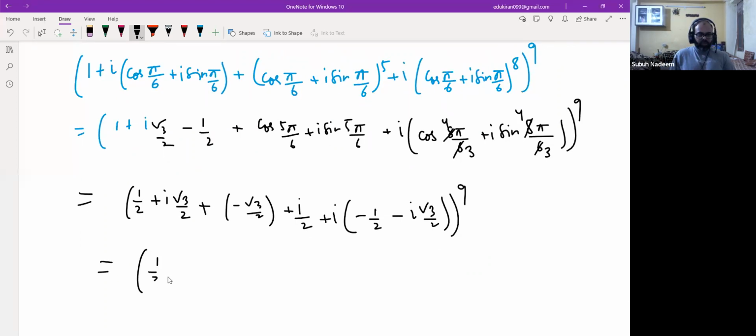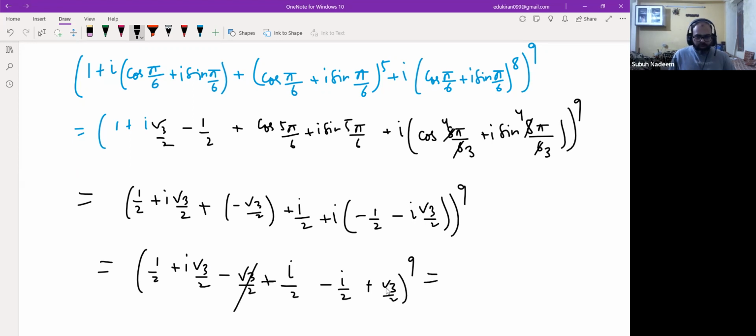It will be 1 by 2 plus iota root 3 by 2 minus root 3 by 2 plus iota by 2, and then this is minus iota by 2, then it is minus iota square, that is minus 1 root 3 by 2, to the power 9. So minus root 3 by 2 plus root 3 by 2 cancels, and iota by 2 minus iota by 2 cancels. So it becomes 1 by 2 plus iota root 3 by 2 to the power 9.